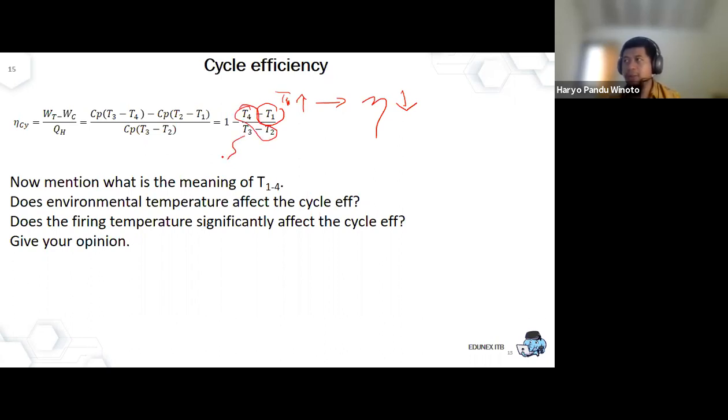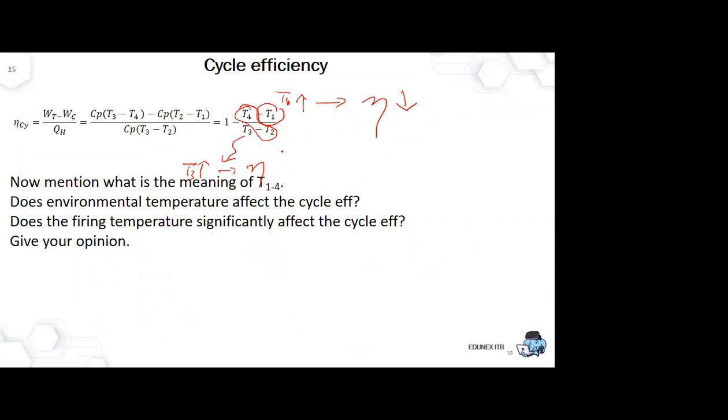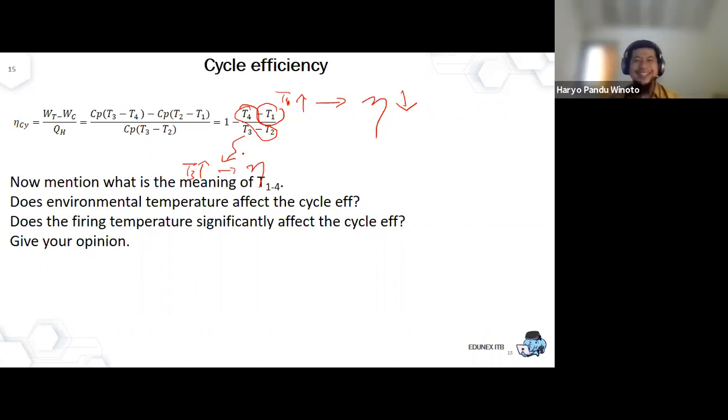Now, what happens if I have a higher T3, a hotter gas turbine and combustion chamber? The efficiency is actually bigger, because it is 1 minus something lower.